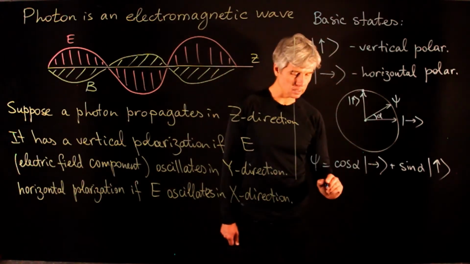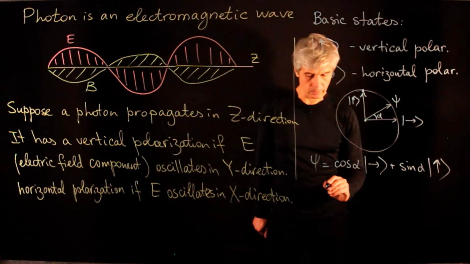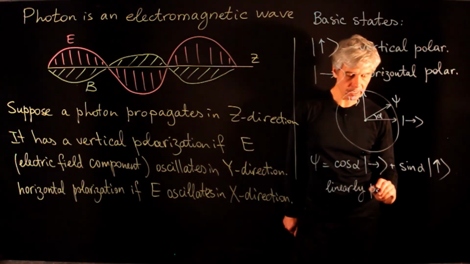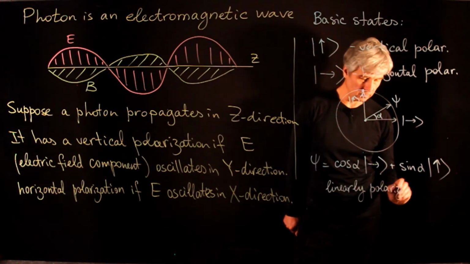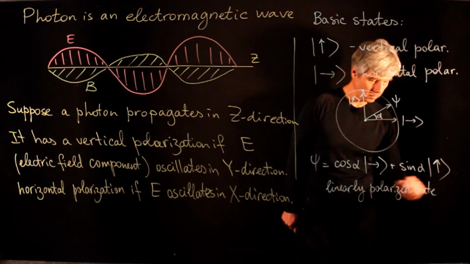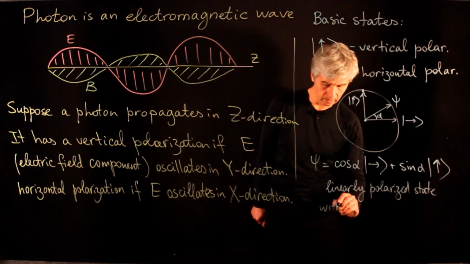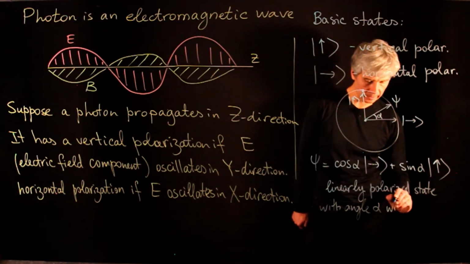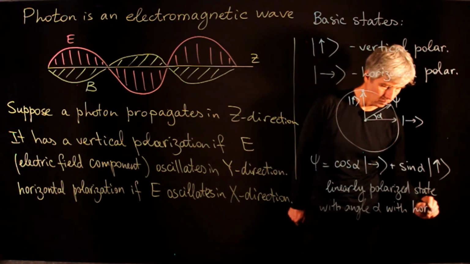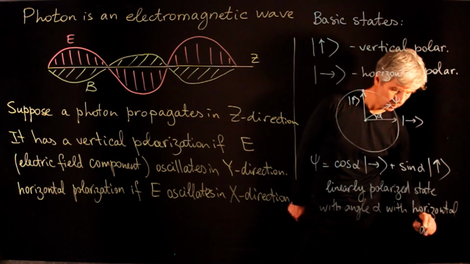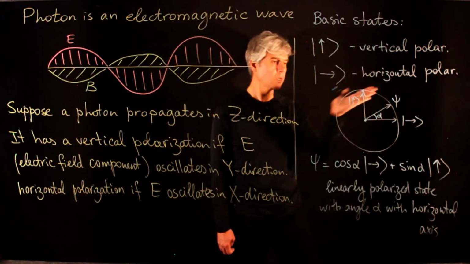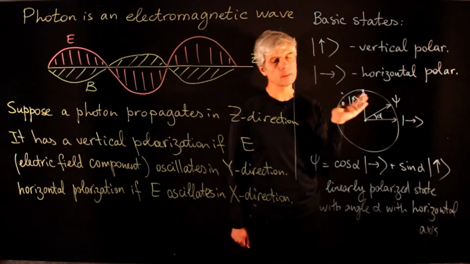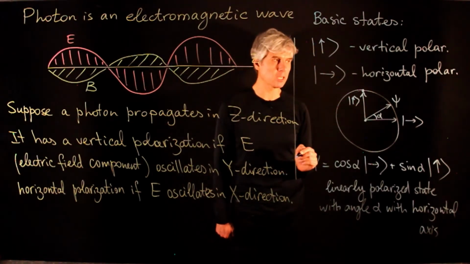This is what's called a linearly polarized state, with angle alpha with the horizontal axis. Right, so now the electric field will oscillate in this direction, and the magnetic field will oscillate in the perpendicular direction.